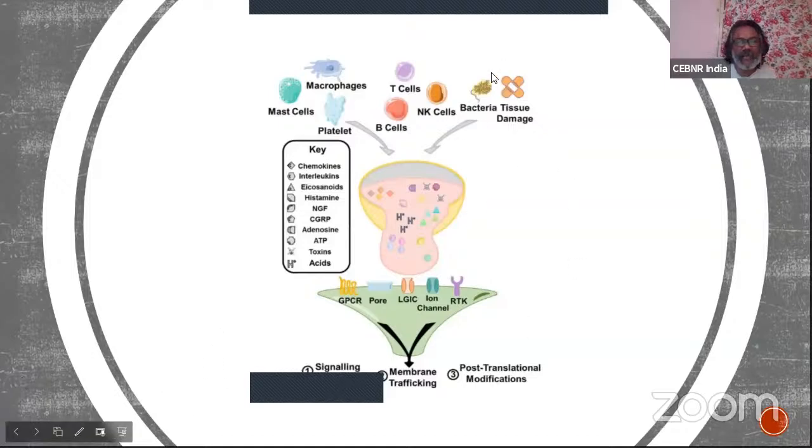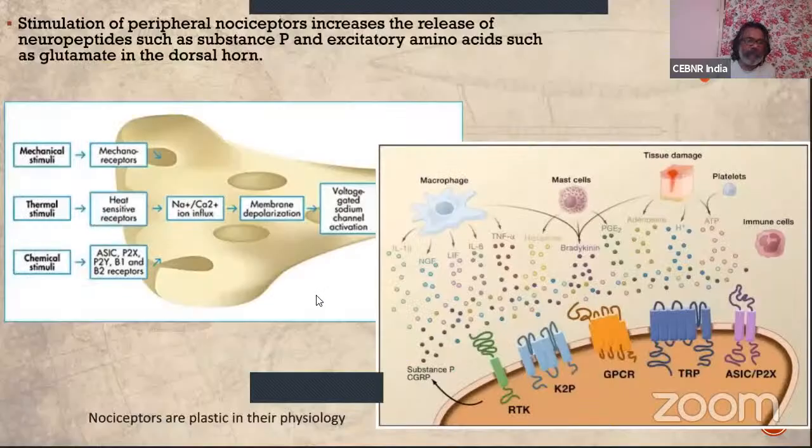If you have tissue damage, macrophages activating T cells, all the cytokines, the bradykinins, the prostaglandins, all these things can be controlled to a certain extent via anti-inflammatory drugs, especially your common NSAIDs like paracetamol or Brufen.